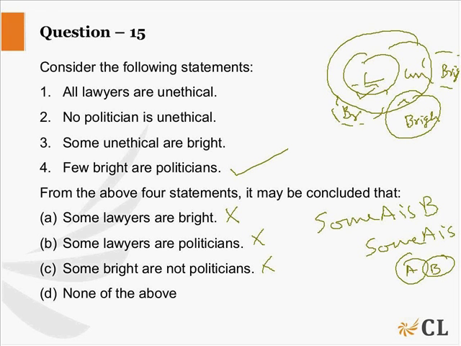Amar says these bright who are unethical, they are not politicians. The brights who are unethical, they are not politicians. Yes, they are not politicians, but please understand, see, Amar, what is happening is, am I saying that the same brights who are unethical and the same brights who are politicians would intersect, is it necessary?